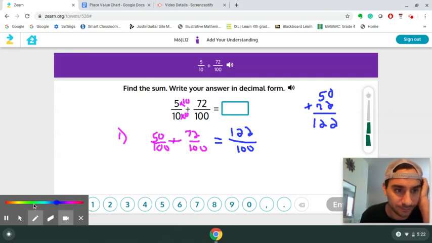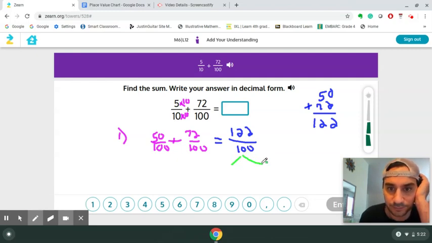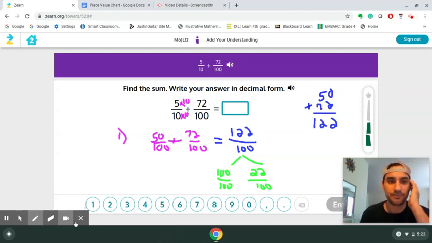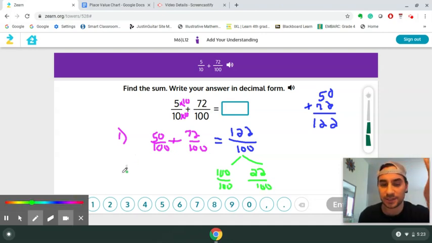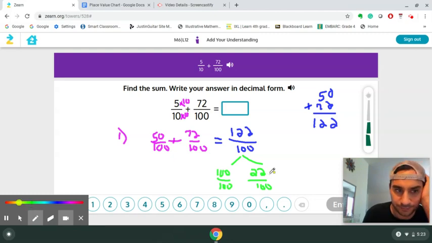Let's do a number bond. That'll be step 3 in green. Okay, so I'm going to pull out 100 hundredths, and then I'm left with these 22. Okay, and now I can rewrite my answer as a fraction. We'll do that in yellow.